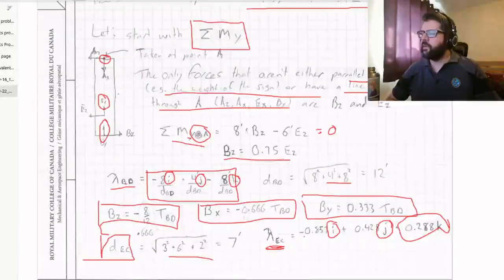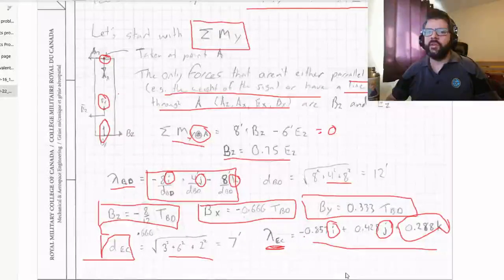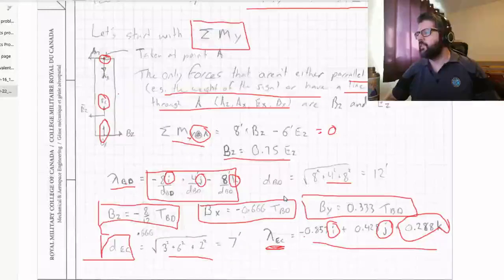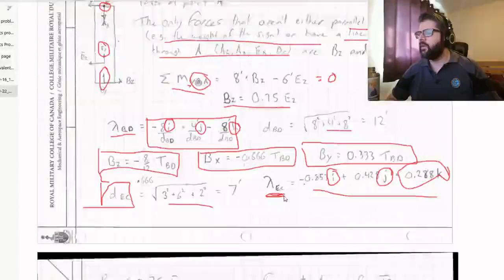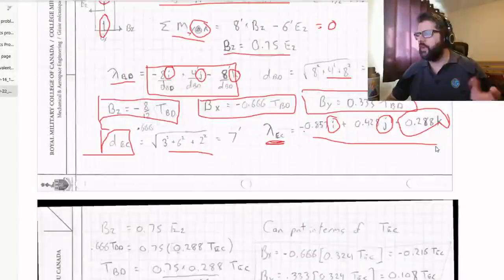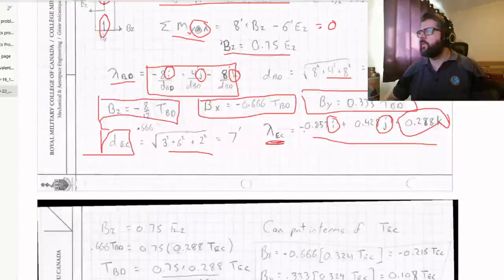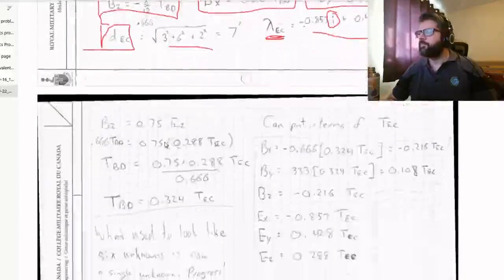That allows us to define the rectangular components of our tensions for both of these in terms of the overall tension. And we also got this relationship here that we solved for, BZ in terms of EZ.